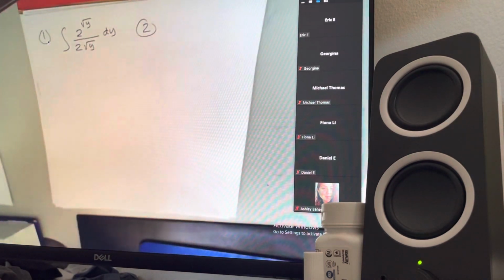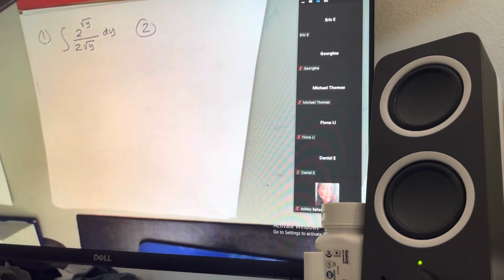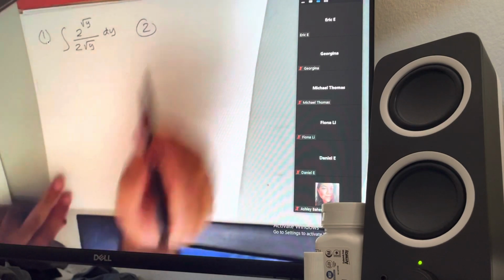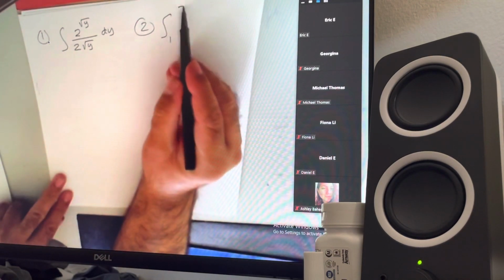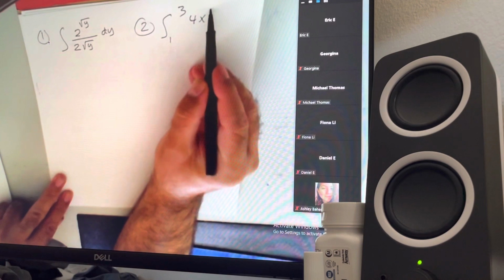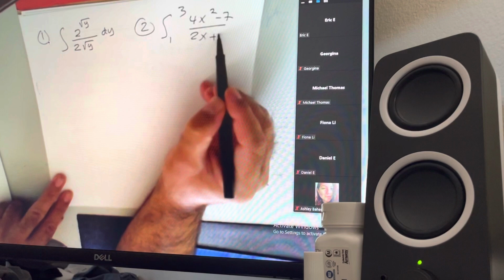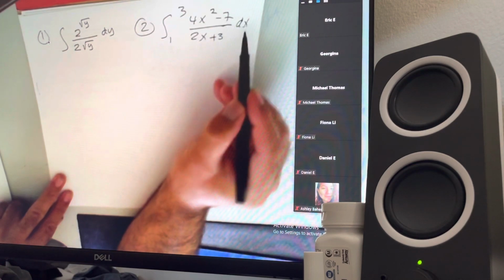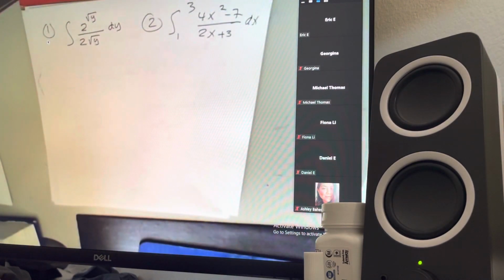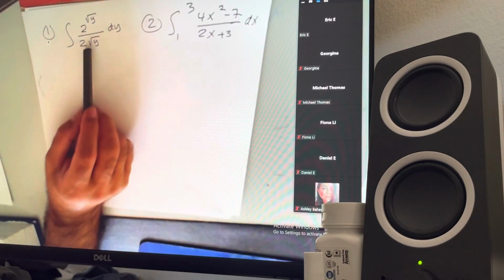And the second one is also a good one: the integral of 4x squared minus 7, over 2x plus 3, dx. Both of these are kind of hard, but it's practice.